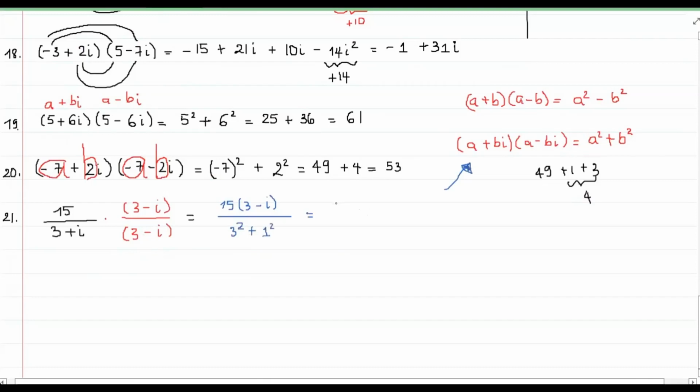So we have 15 times 3 is 45 minus 15i over that, so 9 plus 1. And then 45 divided by 10 minus 15 divided by 10 i.